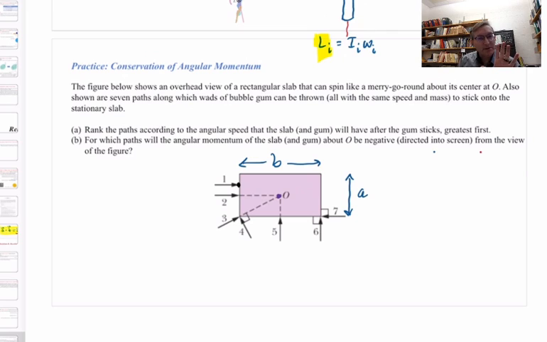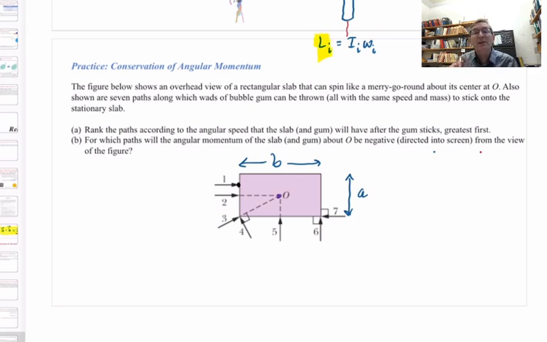As far as this chapter is concerned, if you have a system of colliding things that rotate, it's conservation of angular momentum you should apply. Notice when we had collisions with linear motion, chapter 9, we used conservation of linear momentum. Now we have collisions with rotation. We're going to use conservation of angular momentum.